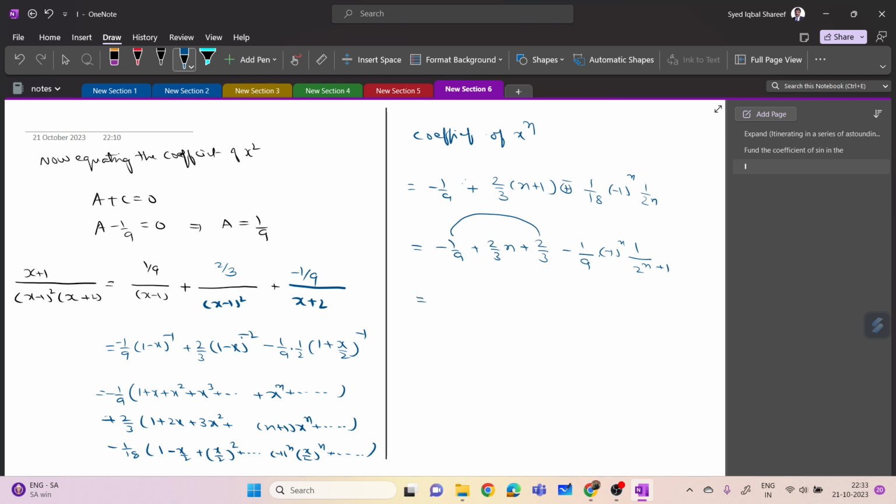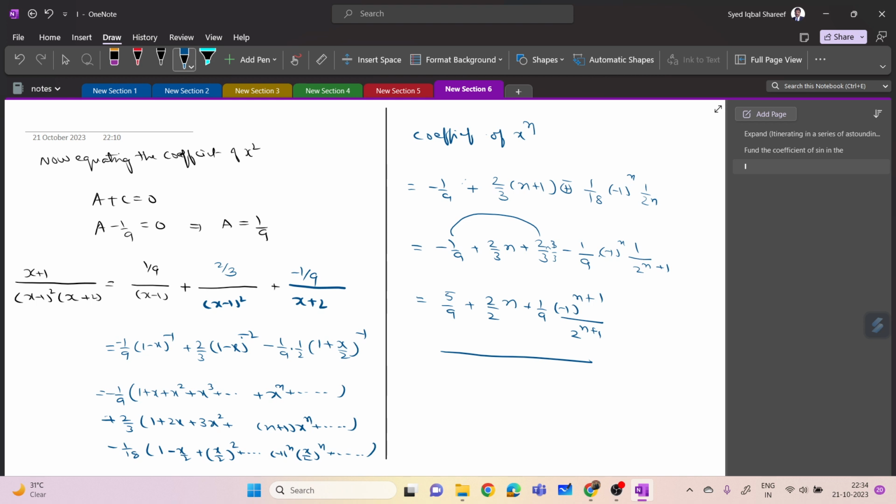If we multiply by 3 by 3, this is 9, and 1 minus 6 is 5 by 9, so 5 by 9, 2 by 3 n plus 1 by n, (minus 1) to the power of n plus 1 divided by 2 to the power of n plus 1 is the coefficient of this.